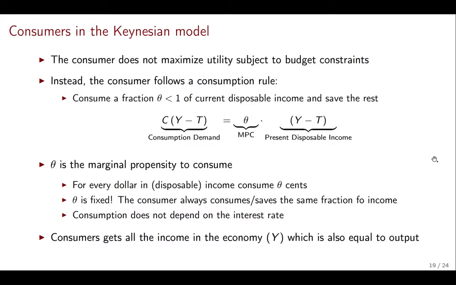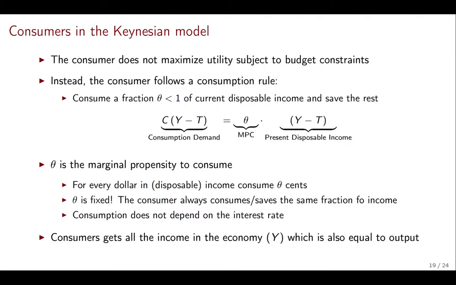Now theta is going to be fixed, and so the consumer is always going to consume or save the same fraction. In the model we had before, the marginal propensity to consume could vary depending on how much income there is. If there is more income, perhaps the marginal propensity to consume is lower. You don't want to consume as much, you might want to save more. If income is lower, then perhaps you want to have a higher marginal propensity to consume. You want to consume all that income because you're relatively poor. Here, theta is going to be constant.